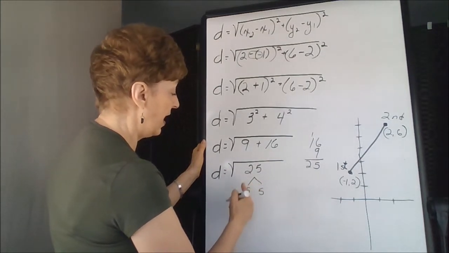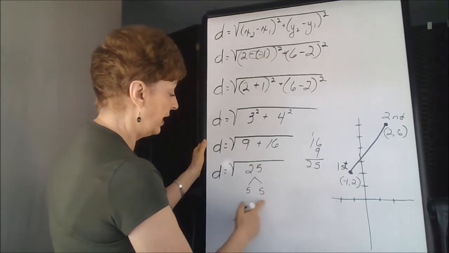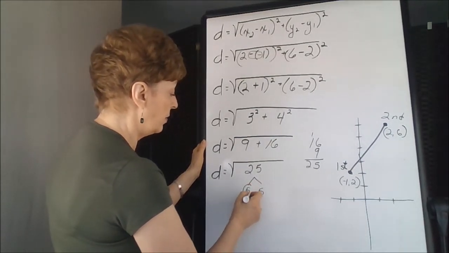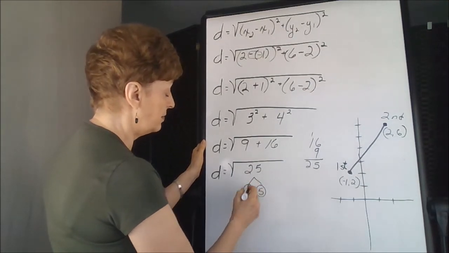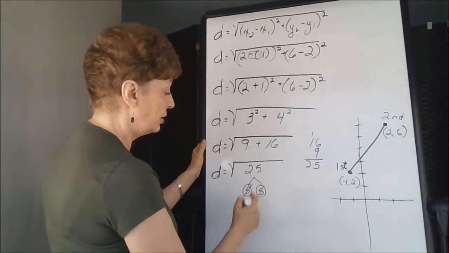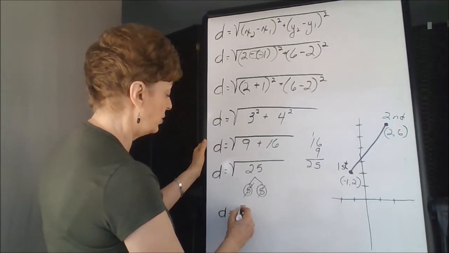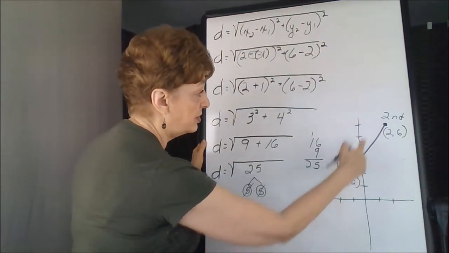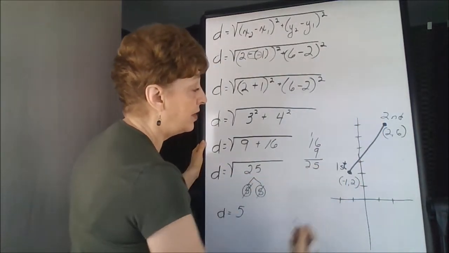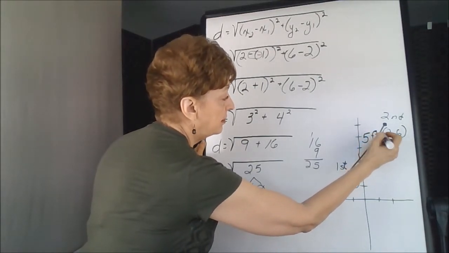And remember, when we factor underneath a square root sign, we're looking for pairs of numbers that are the same. So here I have two prime number 5s. So one of the 5s comes outside of the radical sign to represent the pair. So the distance in this case is equal to 5. From the first point to the second point, we've got 5. Let's call that feet, 5 feet.